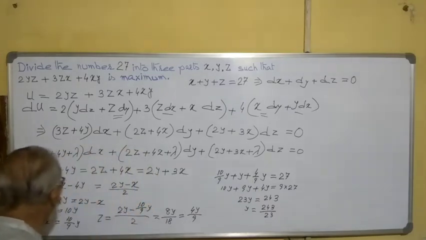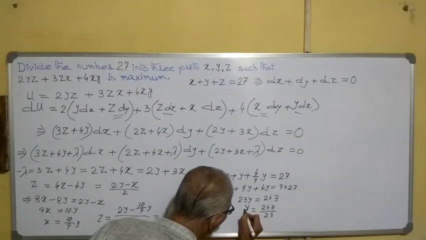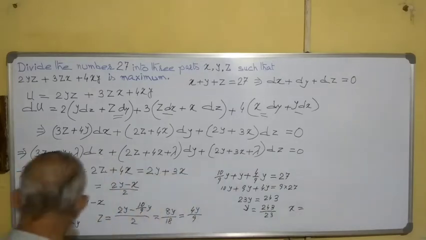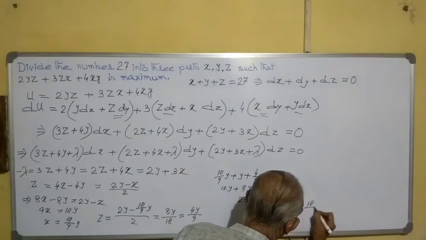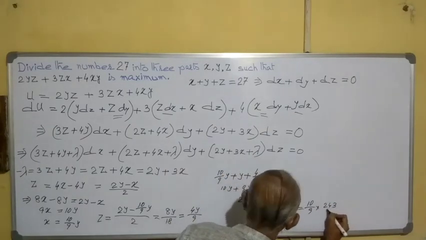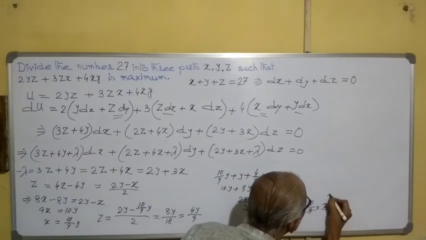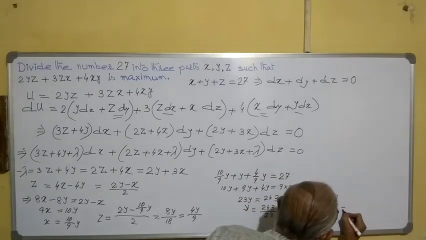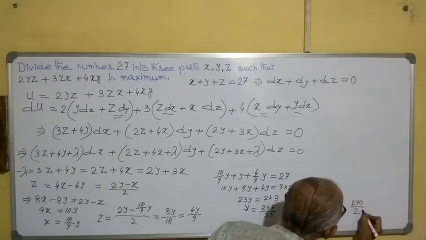By putting this value of y, what do we get? x equals 10 by 9 into 243 by 23, which equals 270 by 23.